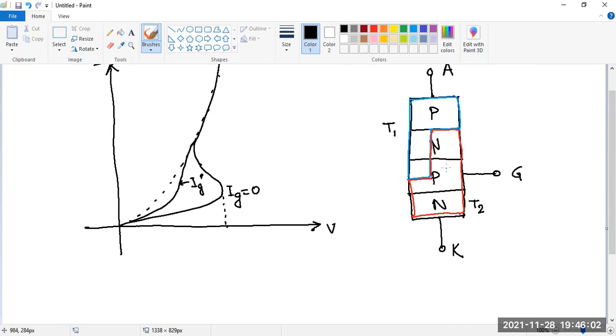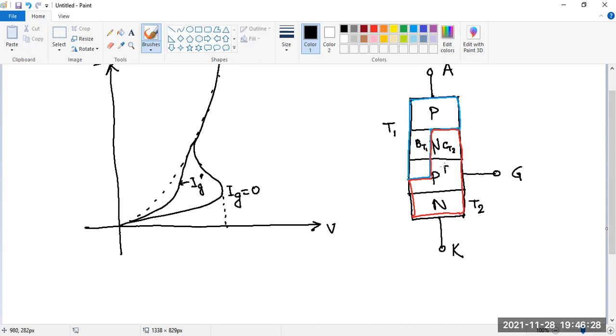Another thing is that the base of the PNP transistor or transistor 1 is connected to the collector of the NPN transistor. Am I right? You see, this is the base of the PNP transistor that is connected with the collector, isn't it? So we can say this is the base of transistor 1, which is connected to the collector of transistor 2.